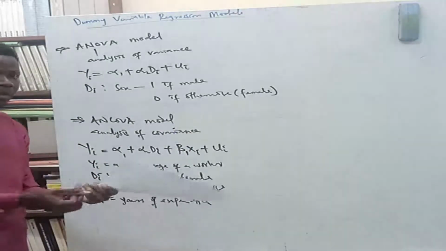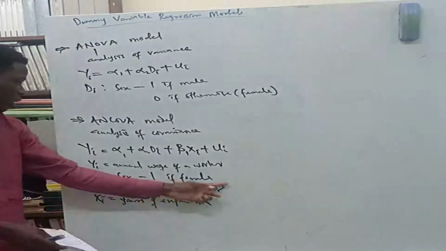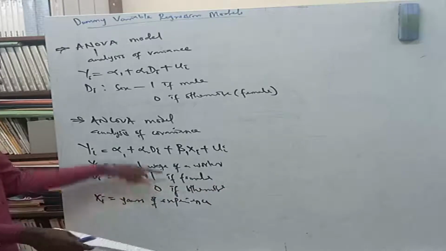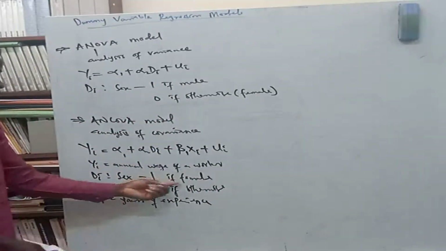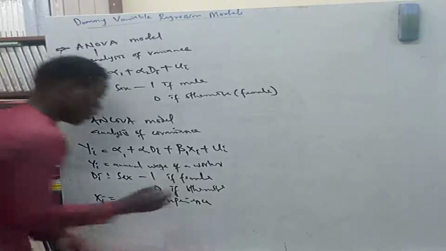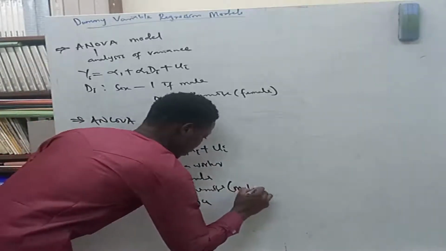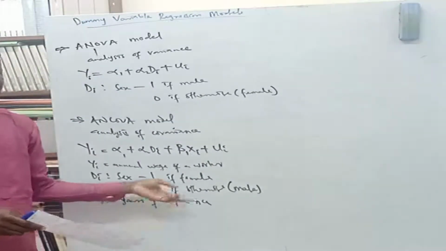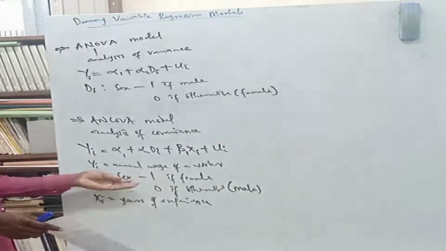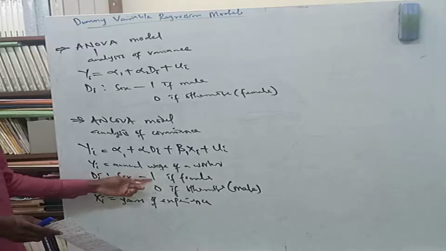Now you will notice something here that I have changed. Like the first time I wrote 1 if male, 0 for female, then I changed this to 1 if female and 0 otherwise for male. Yes, it doesn't really matter how you place them. What matters most is that you are aware of how you place them.